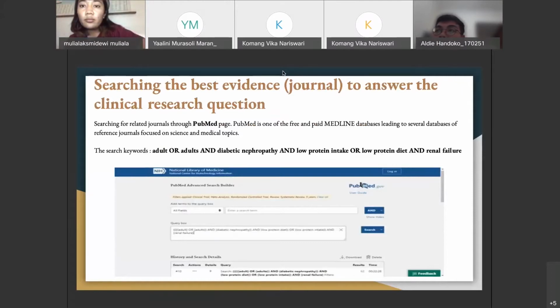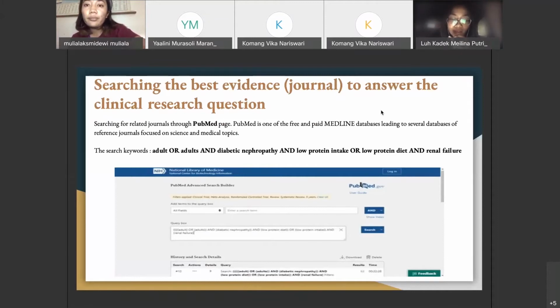So next, for discussing the best evidence to answer the clinical question, based on the PICO and clinical research question described above, we try to find the best evidence. PubMed is one of the most common sources, which is free, and Medline is paid, leading to several databases of reference journals focused on science and medical topics.